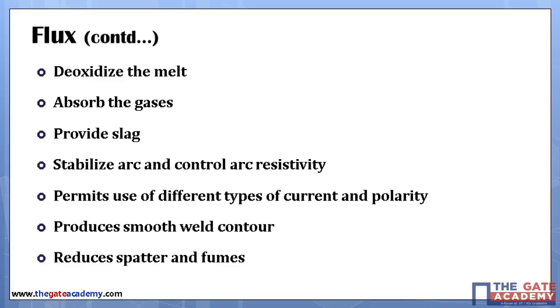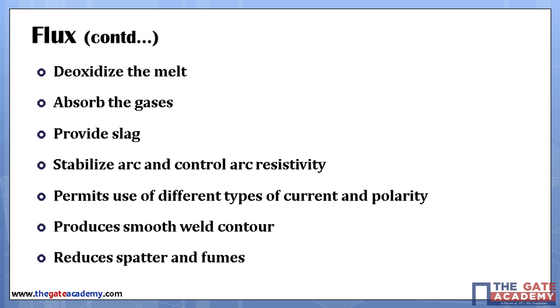There are certain elements or metals that you add in the flux, because of which the stability of the arc increases. Okay. Next, it permits use of different types of current and polarity. It produces smooth weld contour and it reduces the spatter and fumes.